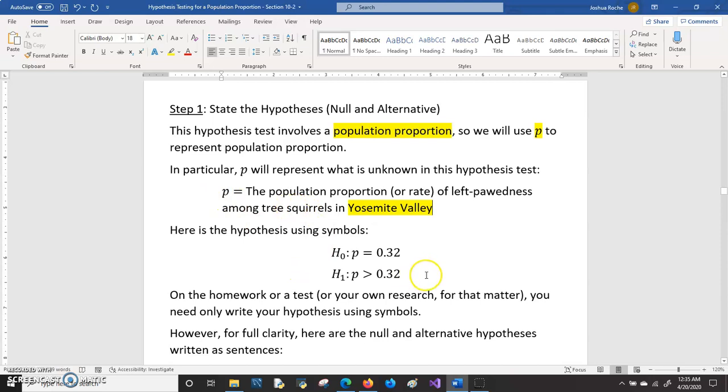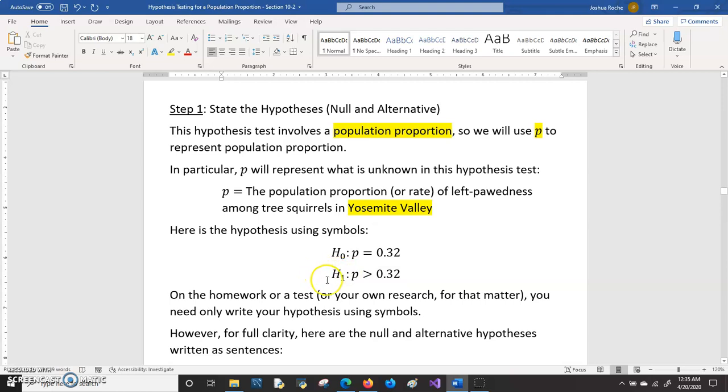So using P for the proportion of left-pawedness in Yosemite Valley, the hypotheses can be written as the null hypothesis is P is equal to 0.32. So in other words, the proportion of left-pawedness in Yosemite Valley is just the same as the proportion of left-pawedness worldwide.